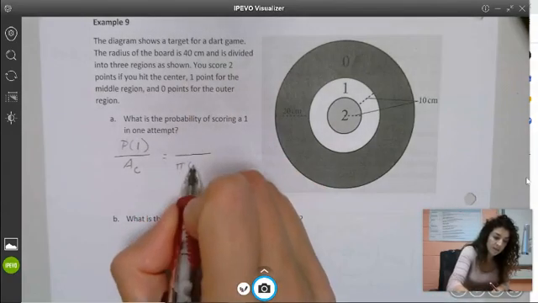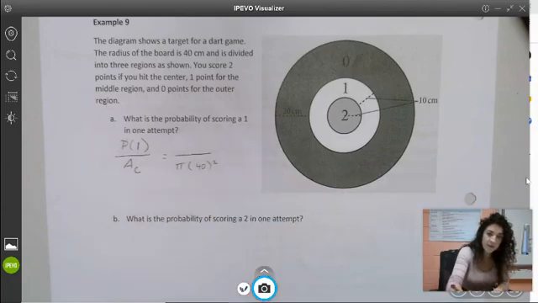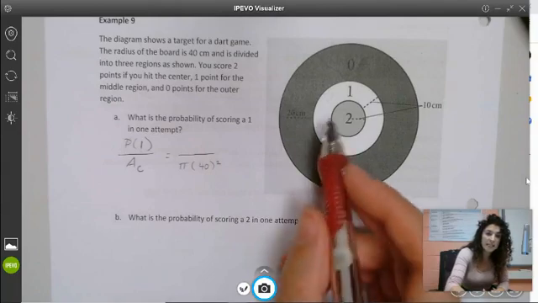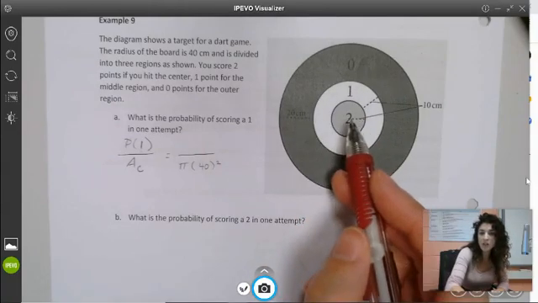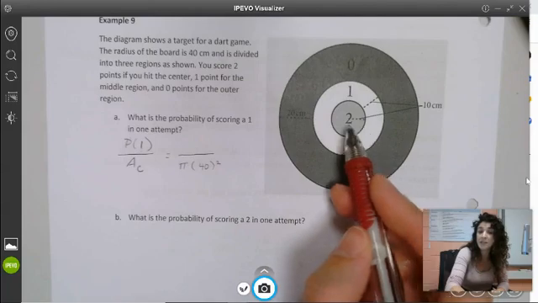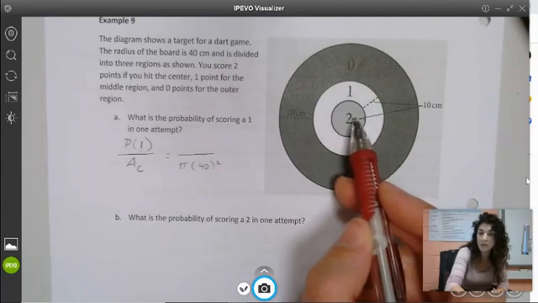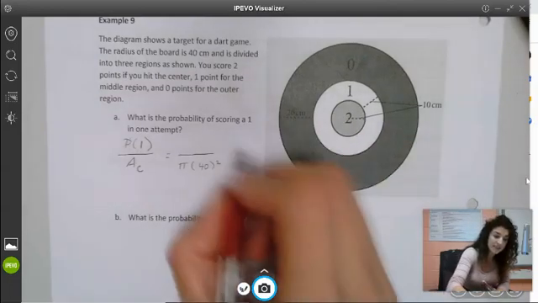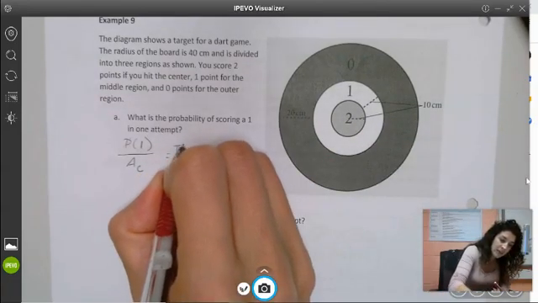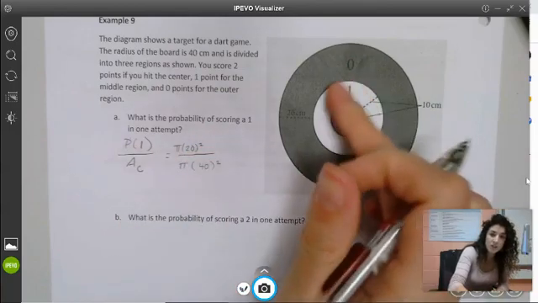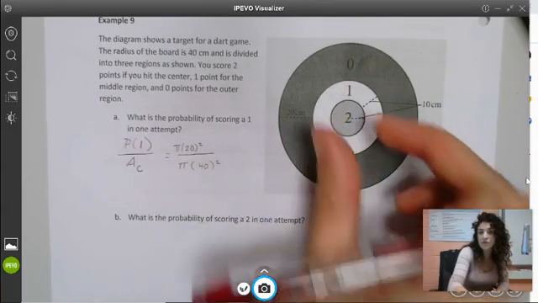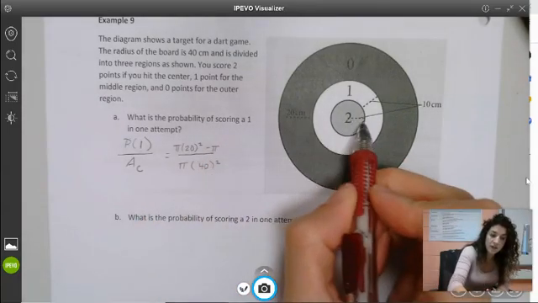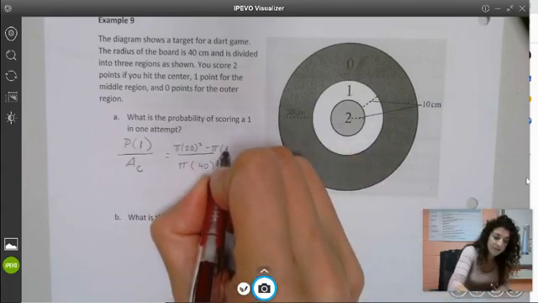The radius here is 40. The whole circle is represented like this. Versus the probability of 1 has to be this whole circle, which has a radius of 10 plus a radius of 10. So both of these radii add up together to give us a radius of 20. So it's going to be pi times 20 squared, which is this whole circle. And then we just need to subtract out that smaller circle. So it's going to be minus pi times the smaller circle's radius of 10 squared.